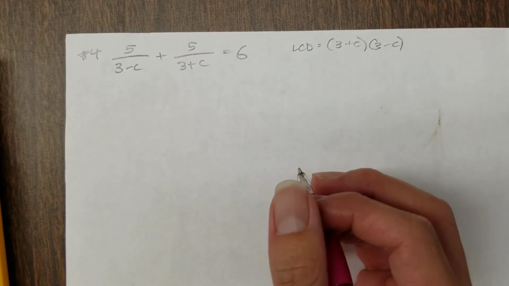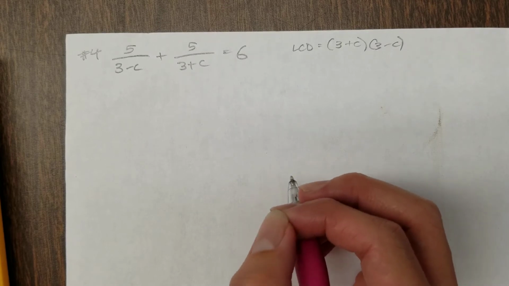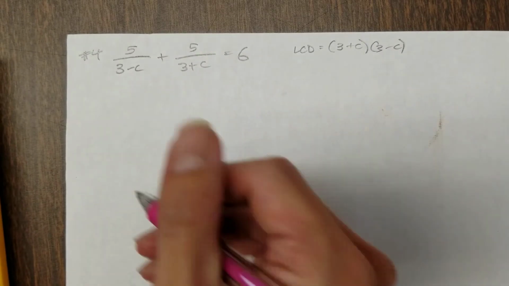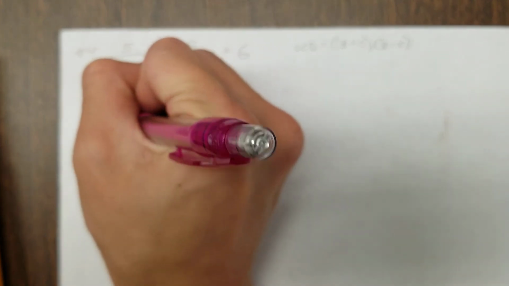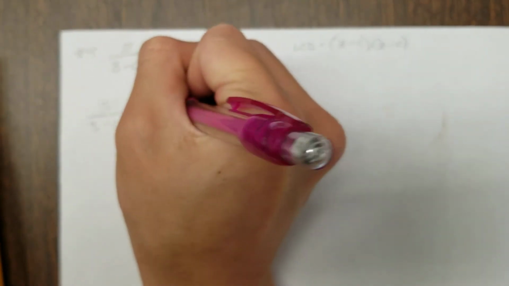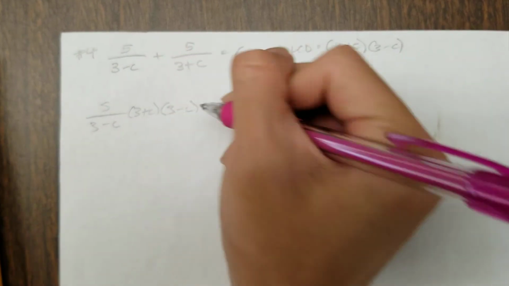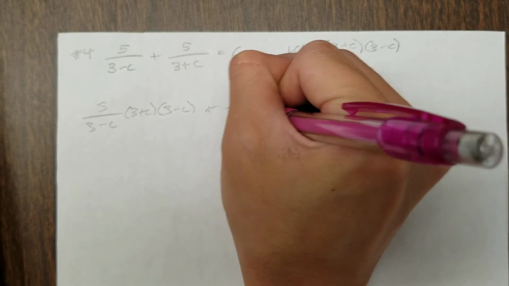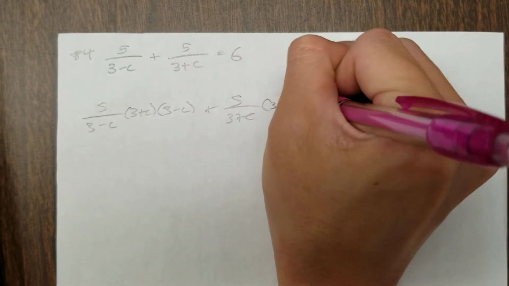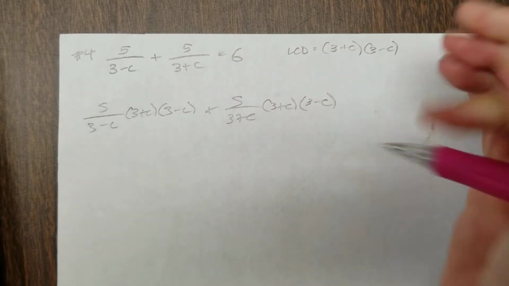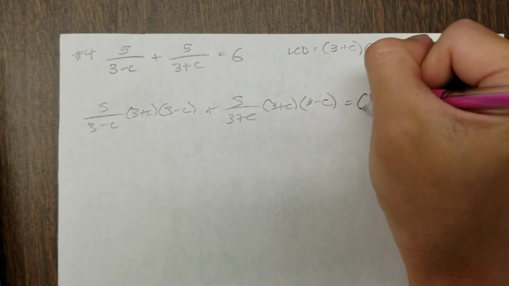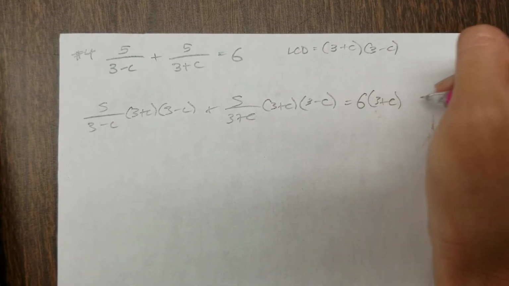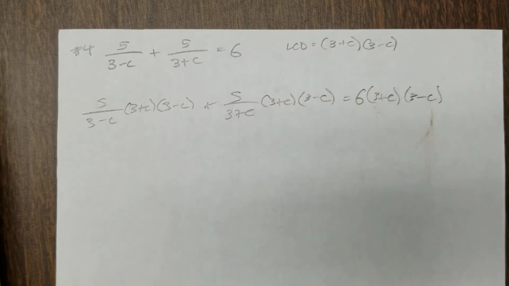Now we need to multiply everything by this least common denominator. 5 over 3 minus c times 3 plus c times 3 minus c plus 5 over 3 plus c times 3 plus c times 3 minus c. And this is going to be 6 times 3 plus c times 3 minus c.